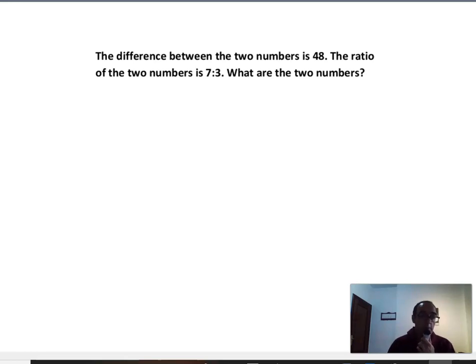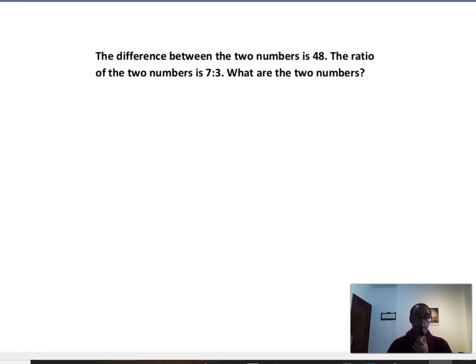First of all, you must remember what a ratio is. Ratio is the quotient between two numbers, the result of the division between the two numbers, 7 and 3 in this case. We know the difference is 48.